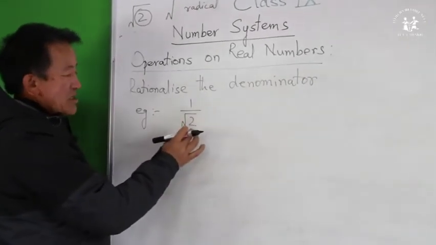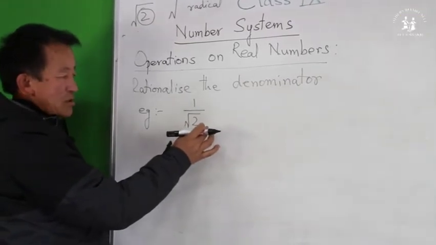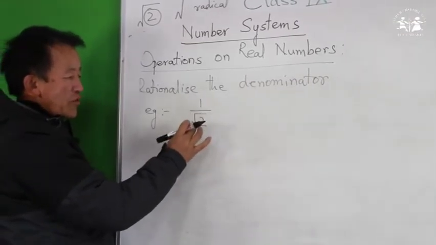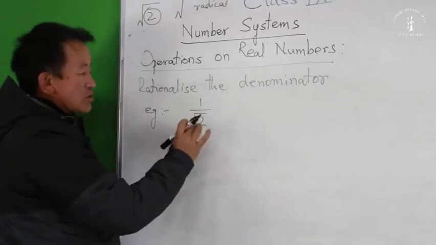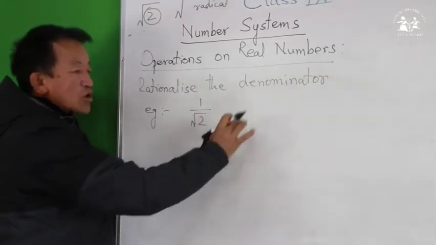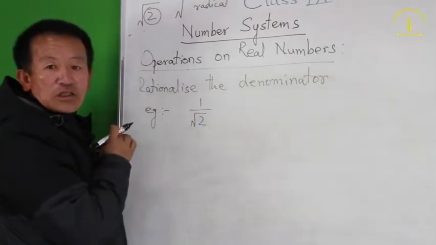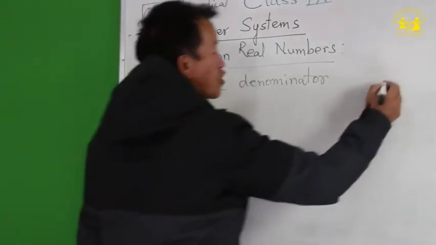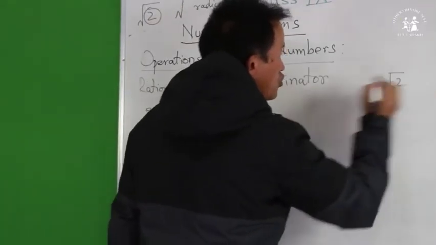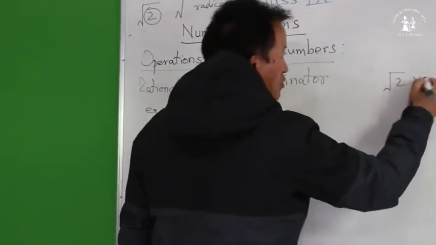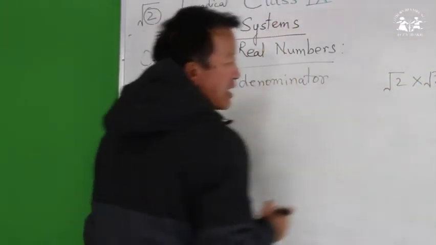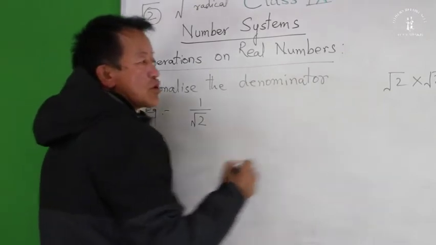The simplest one is square root of 2. If we could convert square root of 2 to 2, so 2 is a rational number. Square root of 2, so we have to multiply by another square root of 2.